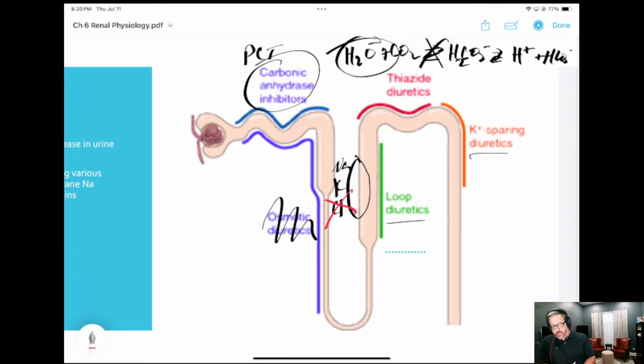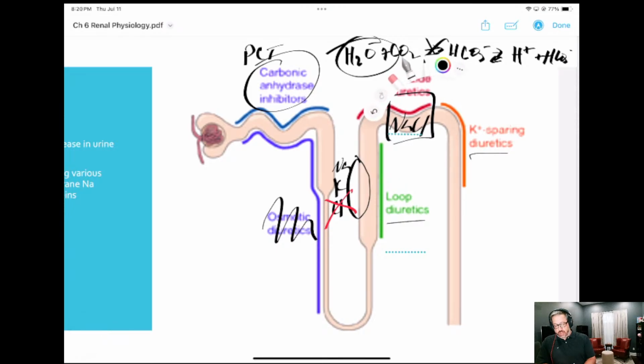Thiazide diuretics. Similar: sodium and chloride channel receptors.